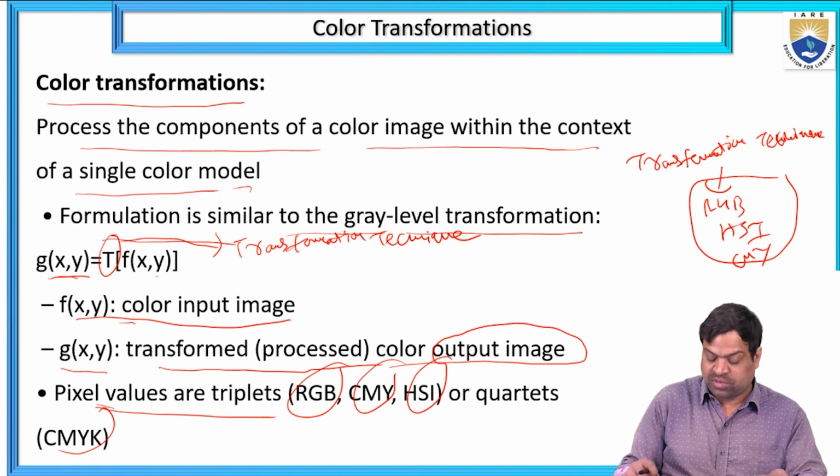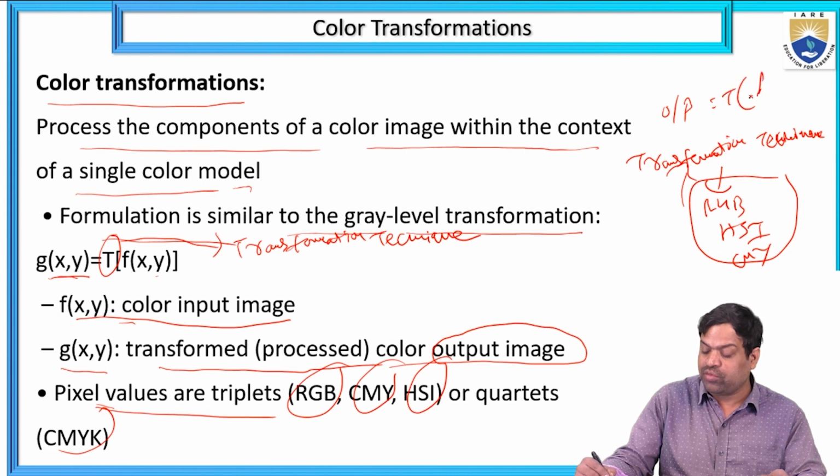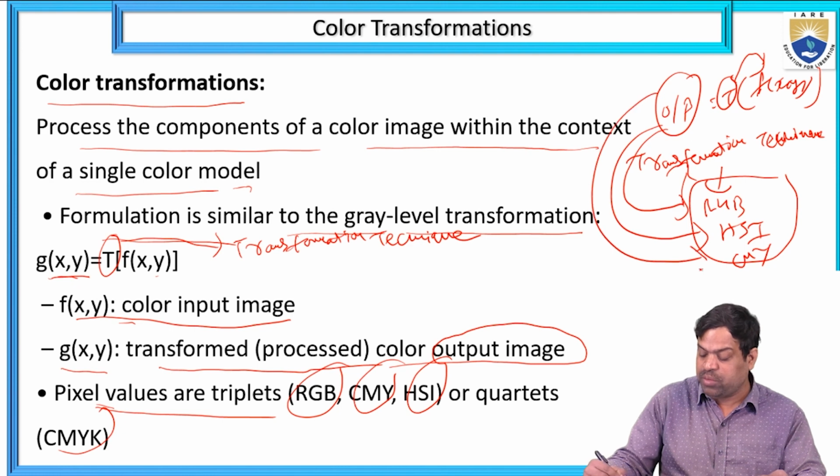These are the techniques I am applying for the transformation, with the output equal to the transformation technique of f of x, y. This transformation technique is applied to the input, and then only I will get the output. The output may be RGB, HSI or CMY.